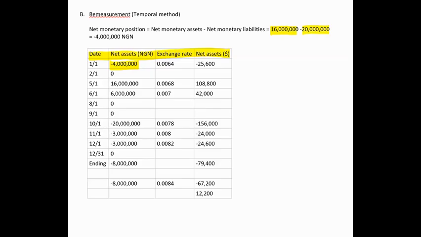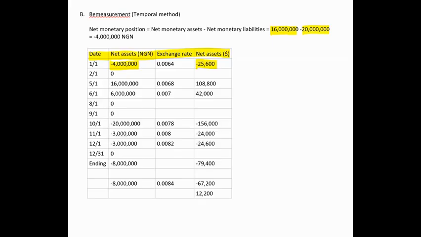That's the beginning balance of the net monetary position in foreign currency, and we can translate that into US dollars by multiplying by the January 1st exchange rate. We get negative $25,600.